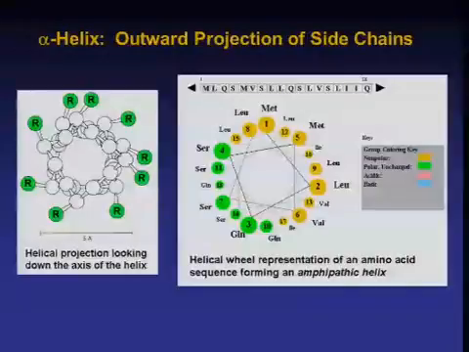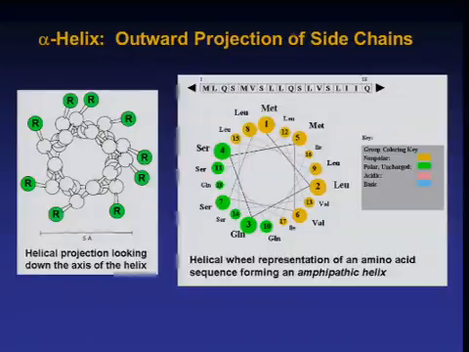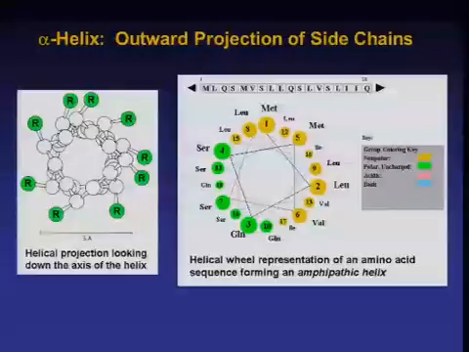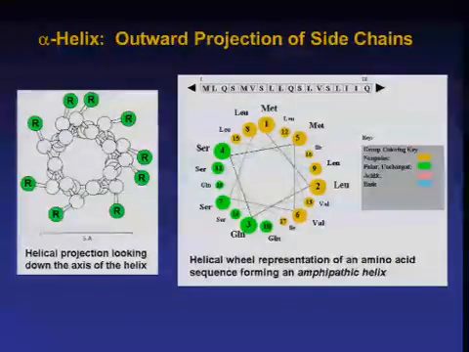So to take kind of a simple view of this secondary structural unit, you're basically looking at a cylinder. And that cylinder is going to have these projections of the side chains. So let's take an example here of some amino acid sequence.